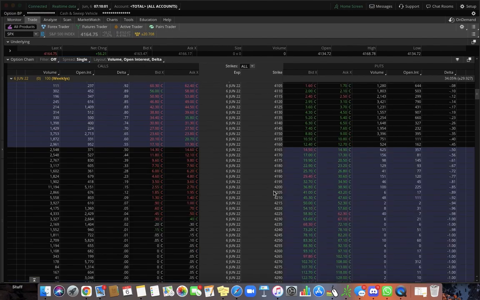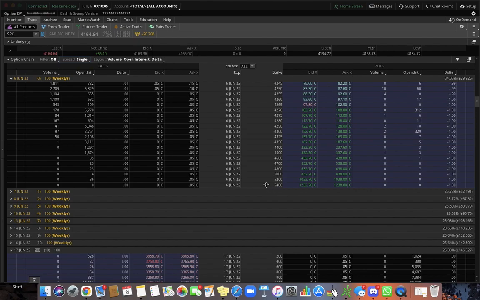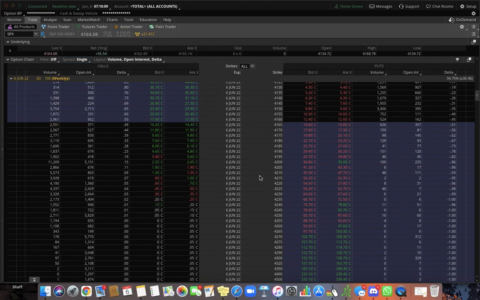So let's look at the option chain when we're getting into a scalp on SPX. I know a lot of people do this.